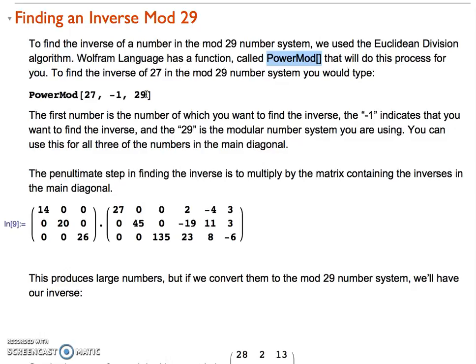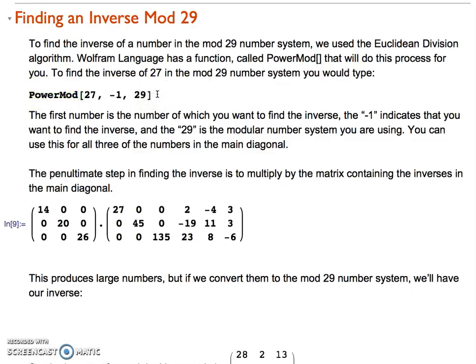So if I say PowerMod[27, -1, 29], 27 is the number I want to find the inverse for. The -1 is indicating that I want the inverse, and 29 means in the mod 29 number system. So remember, in Wolfram, functions have square brackets around their inputs, and they always start with a capital letter.